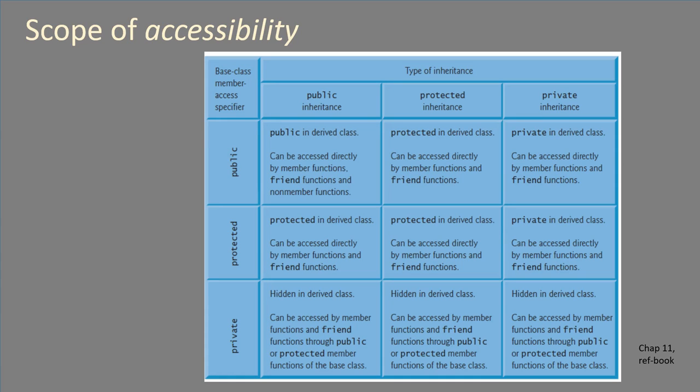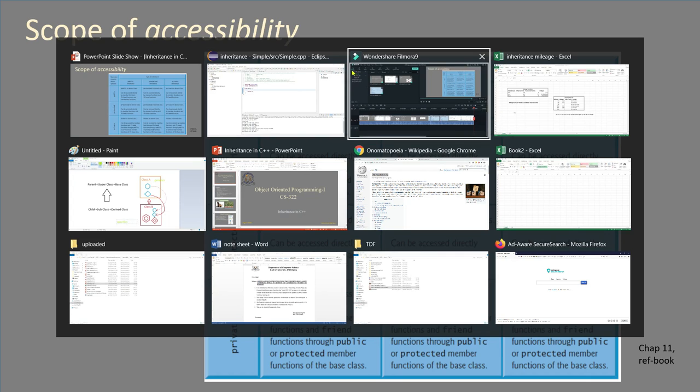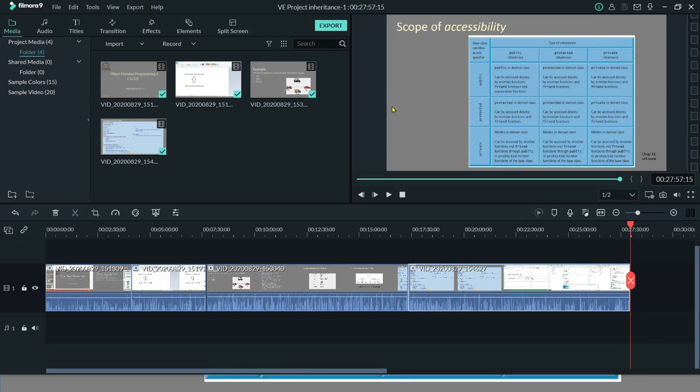Scope of accessibility. What are accessible and what are not accessible? So before discussing these a little bit hard topics, let me just give you a very simple example. Let's switch to Eclipse window.